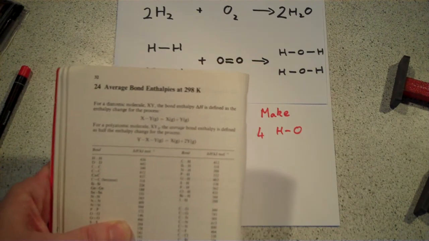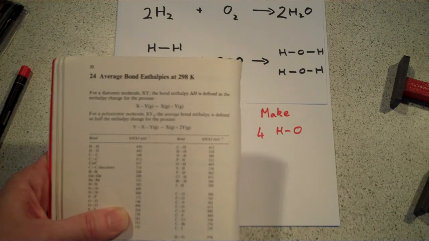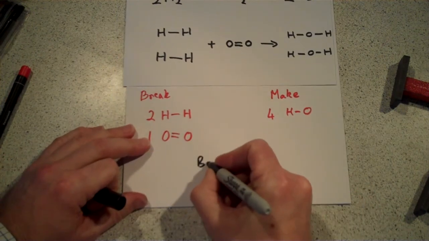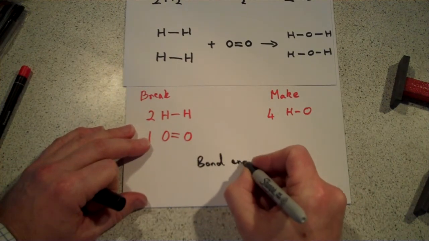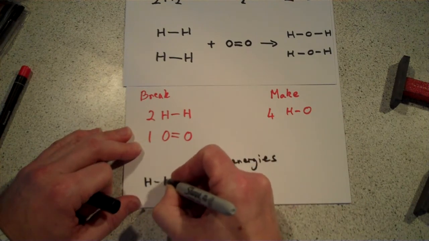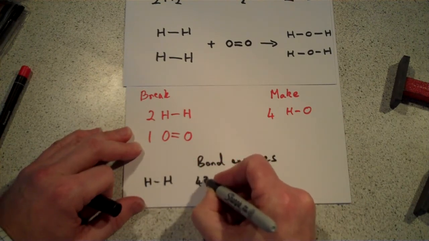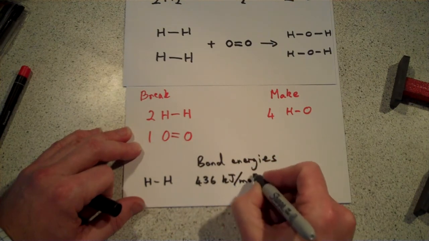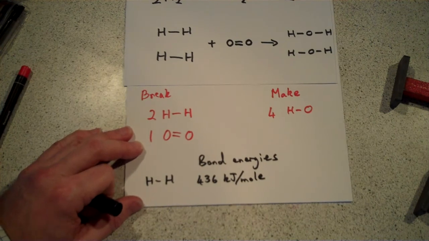And the amount of energy we need to break these bonds, well, it's different for every type of bond. For example, the bond energies I have just looked up: the H-H bond takes 436 kilojoules per mole of bonds to break.